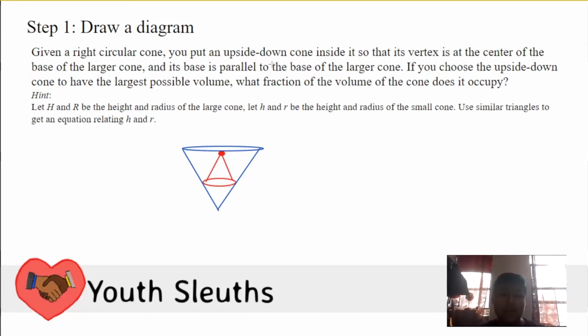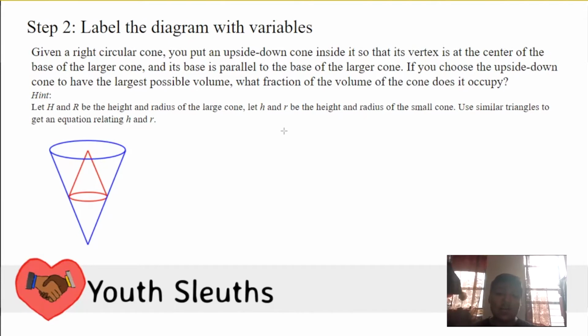Now we have it so that the vertex of the smaller one is at the middle of the base of the larger cone. If we also look here, we could notice that the base of the larger cone is parallel to the base of the smaller cone. That's also part of the question. So now we have a visual representation of our question.